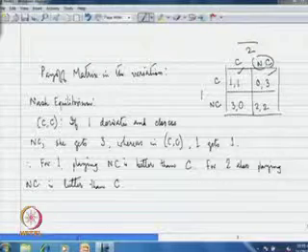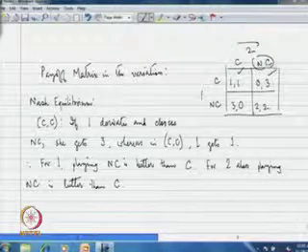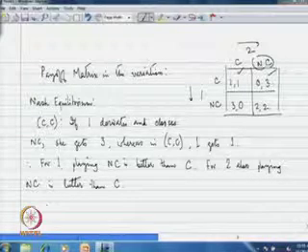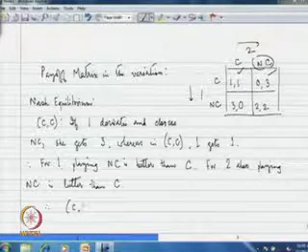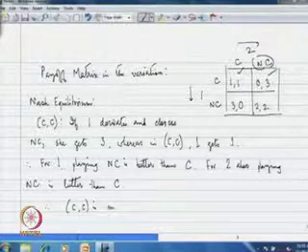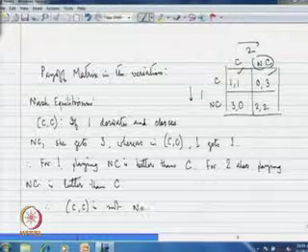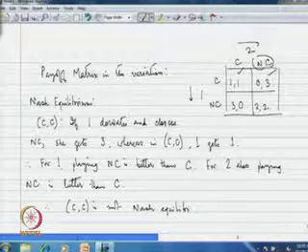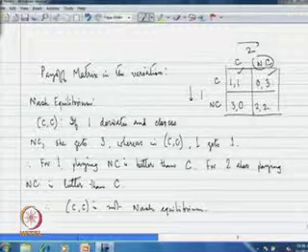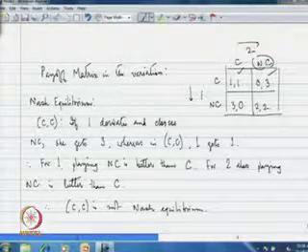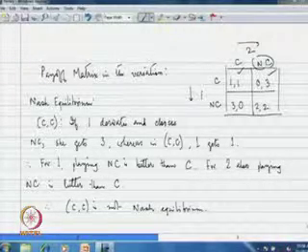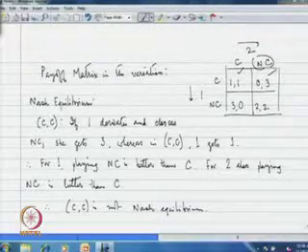So, deviation is profitable for player 1 also, deviation is profitable. So, CC is not Nash equilibrium. So, that is what this exercise of CC is telling us.